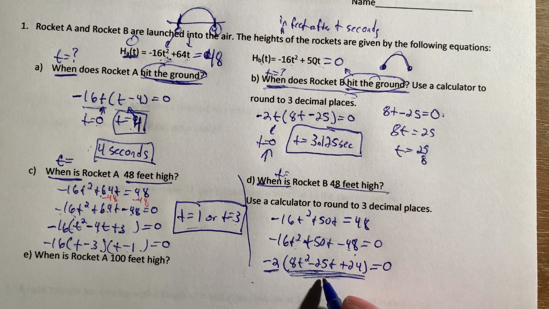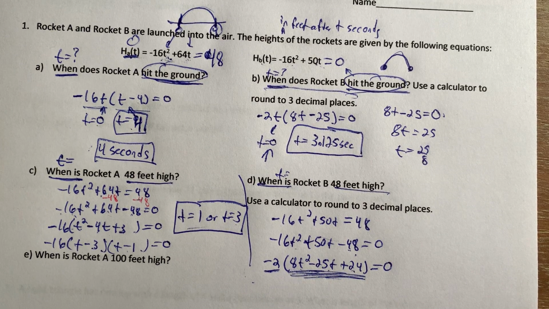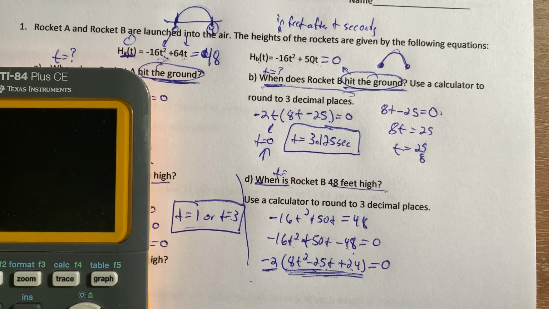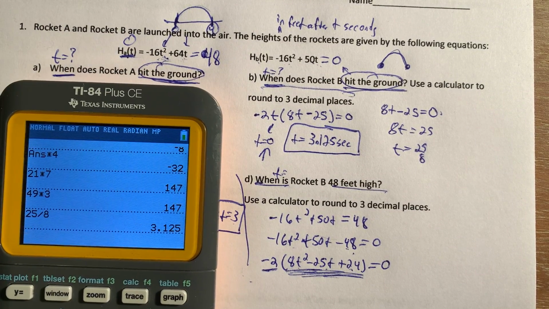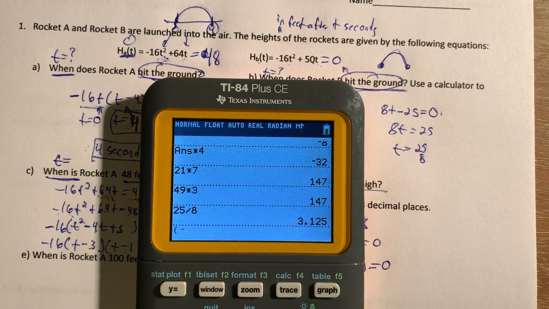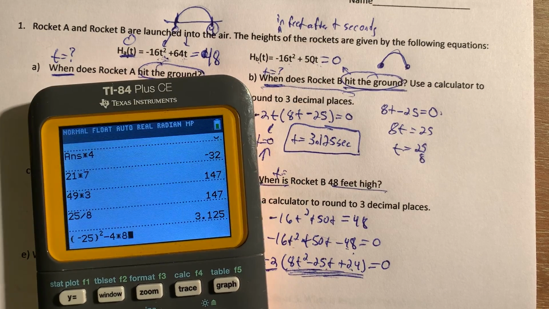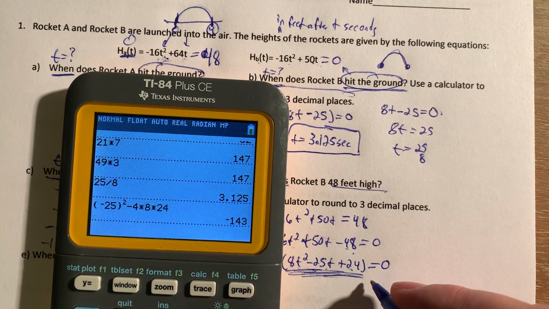So I don't see how to factor this right away. So I'm going to go ahead and do the discriminant. I'm going to do b squared minus 4ac just to see, is it possible to factor? So we're going to do b squared, so negative 25 squared minus 4 times 8 times 24. And that is a negative number.